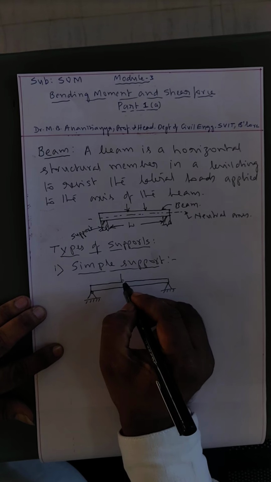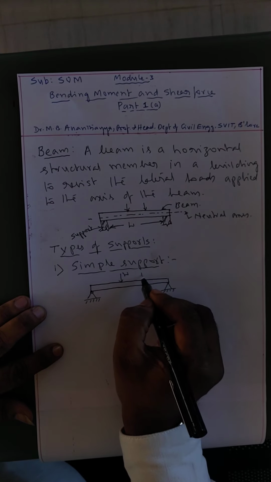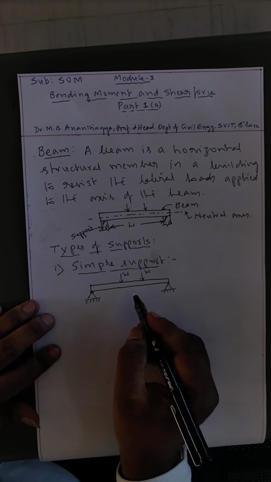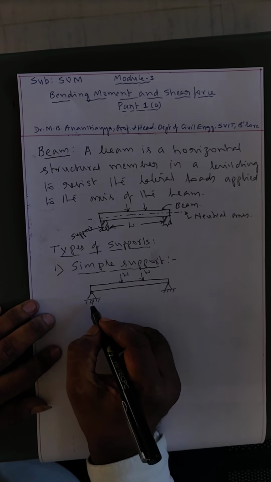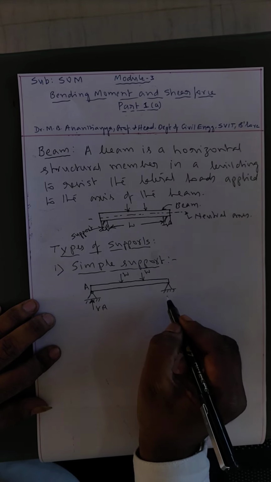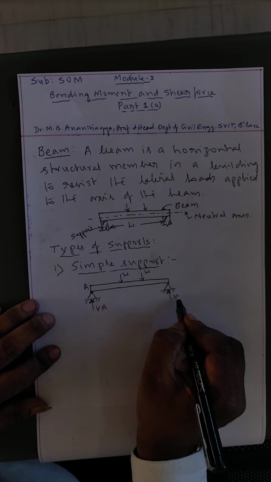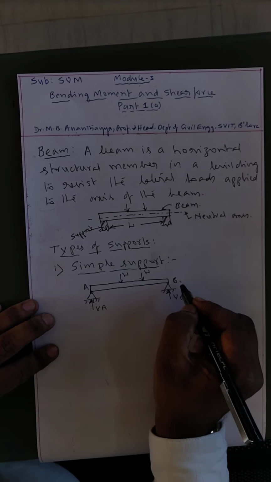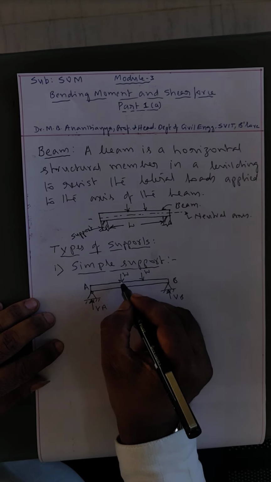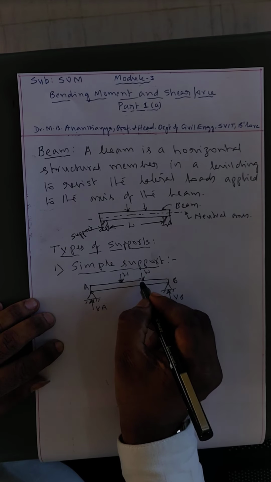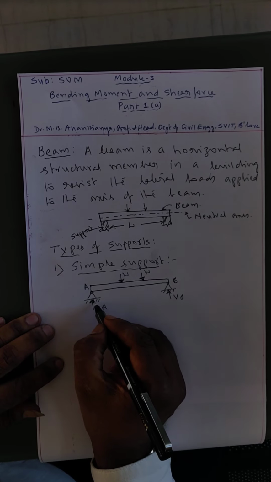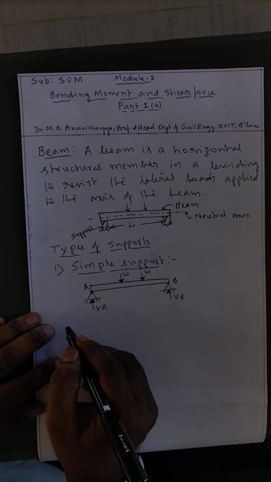Again loads W are acting. Now this reaction is VA, if you mark this point as A, and this reaction is VB, if you mark this as point B. See, these are the knife edges or arrow edges for the loads. Here also, these are arrow edges for the loads.